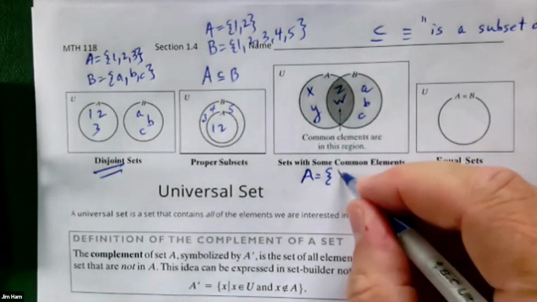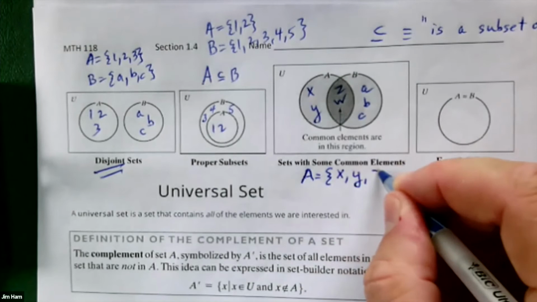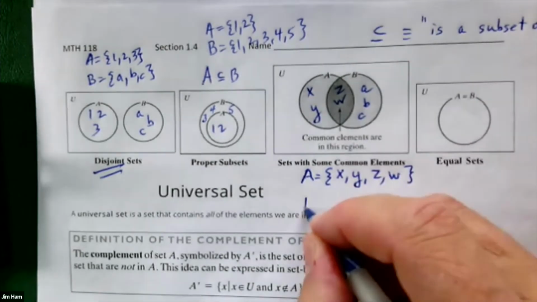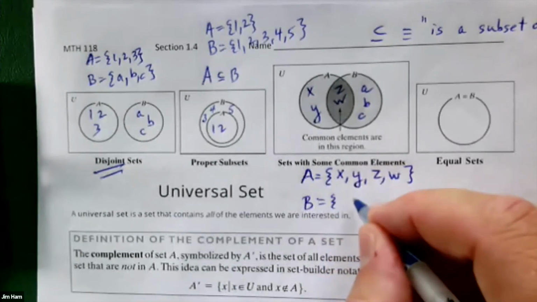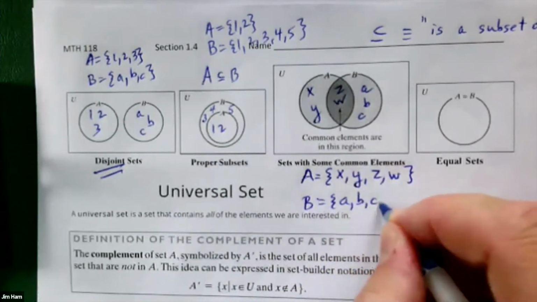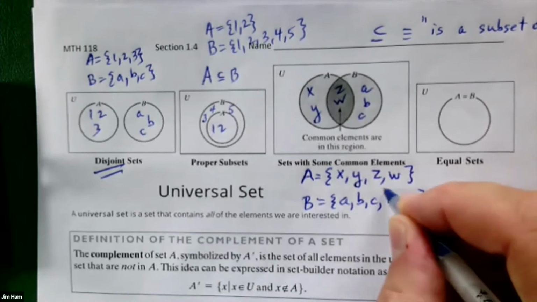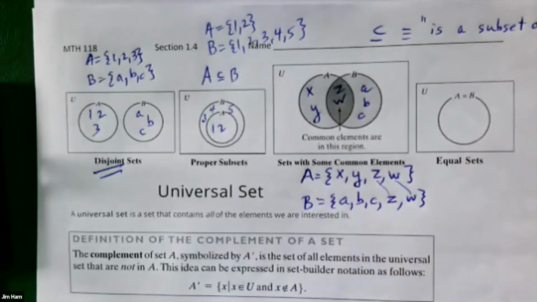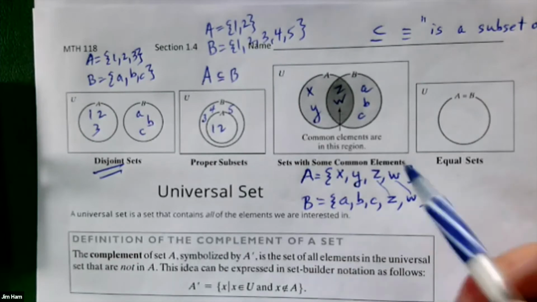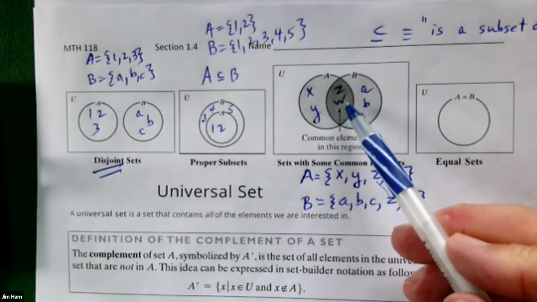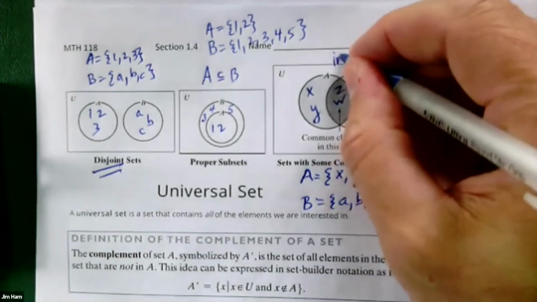So A is {X, Y, Z, W}, and B is {A, B, C, but also Z and W}. And notice that these two sets match on Z and W. So Z and W are part of this common area here, and this is known as the intersection.